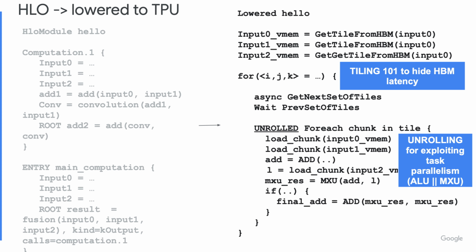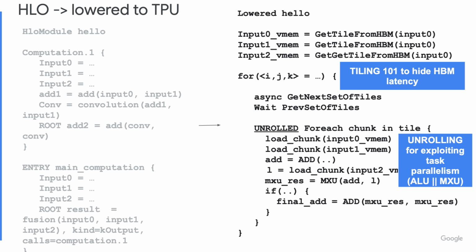And once you get the tiling right, these tiles are substantially big, right? So you want to unroll some of the work within the tile so that you can overlap the vector operations with the MXU operations.